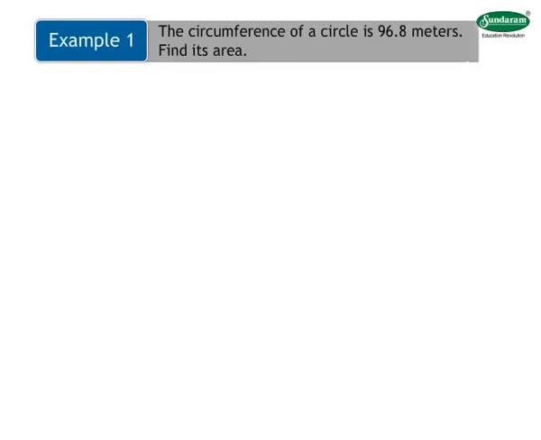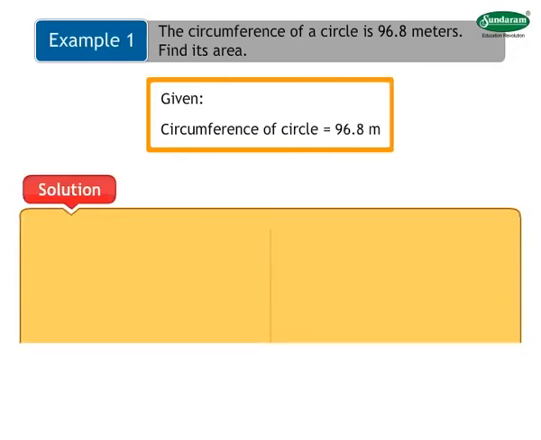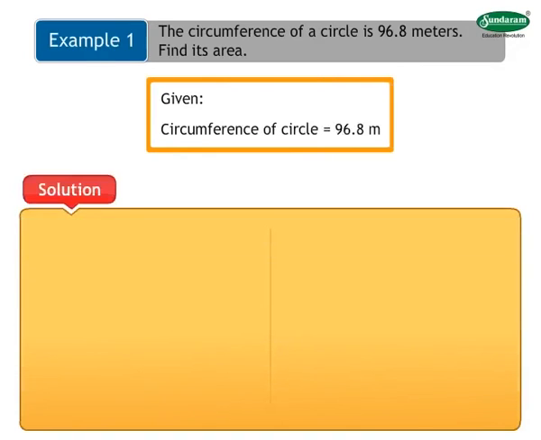Example 1. The circumference of a circle is 96.8 meters. Find its area. Given. Circumference of circle is equal to 96.8 meter. Solution. To find the area of a circle, we should know its radius.